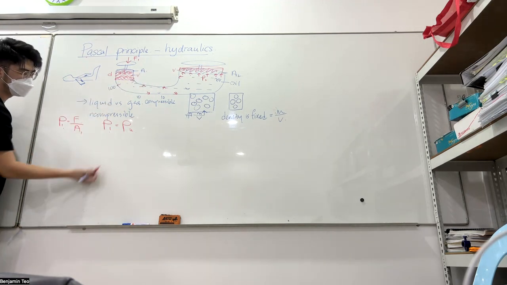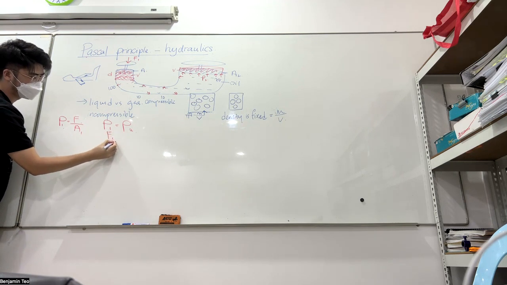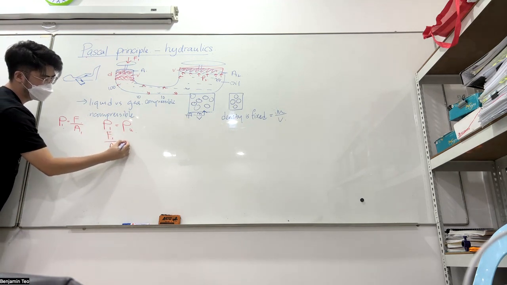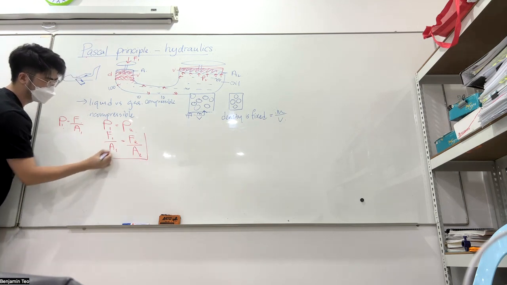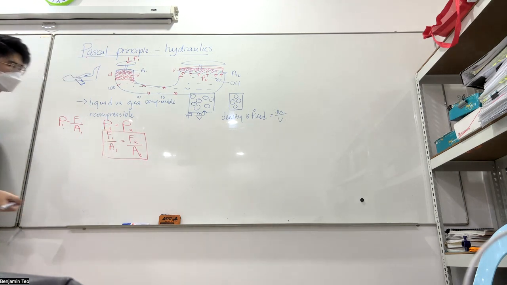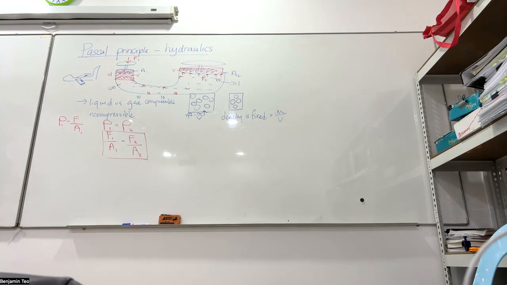Alright, so from here we get F1 over A1 equals F2 over A2. This becomes your first formula in finding area, finding force, or even finding diameter or distance.